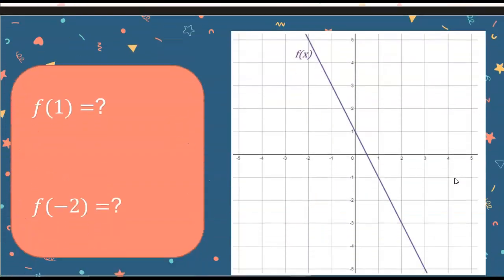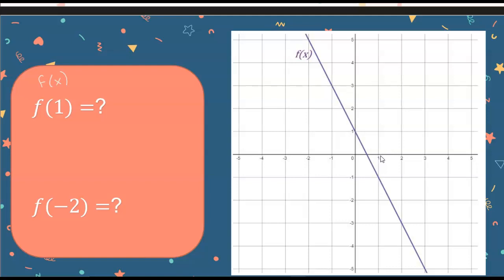All right, next problem. We have a graph, and we need to find out what f of 1 is. So how do we find that? Well, we know that our notation here is f of x, so 1 must be our x value. Let's go on our x-axis. Here's 1.